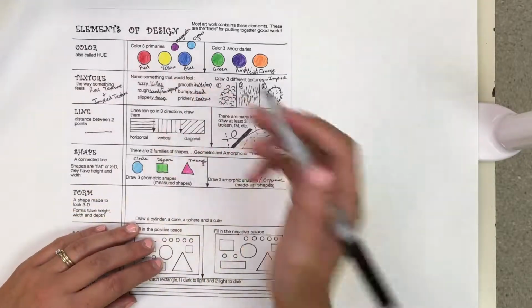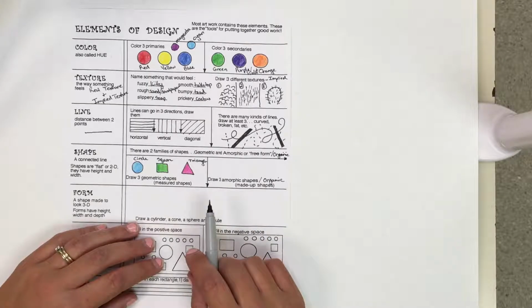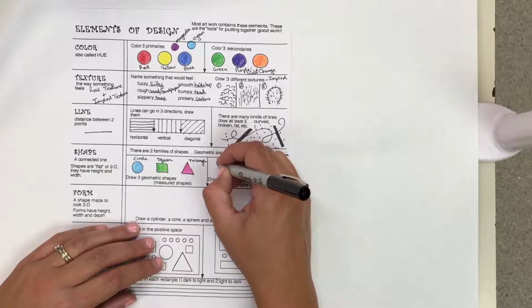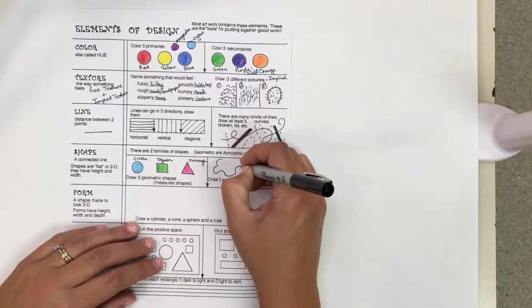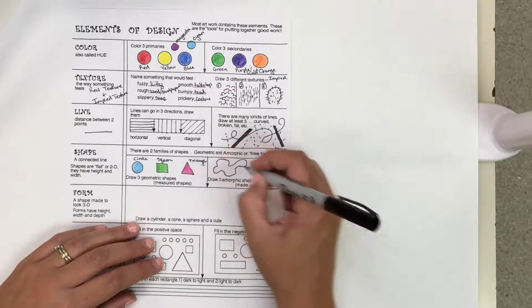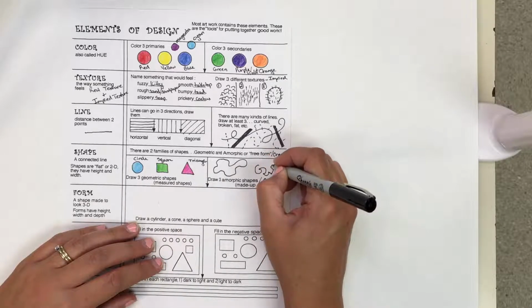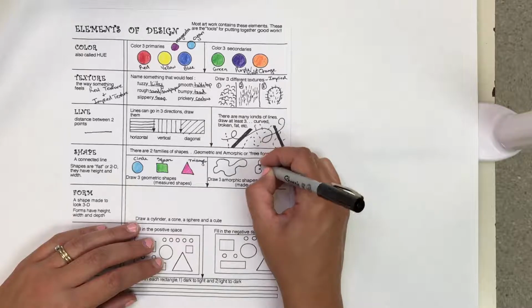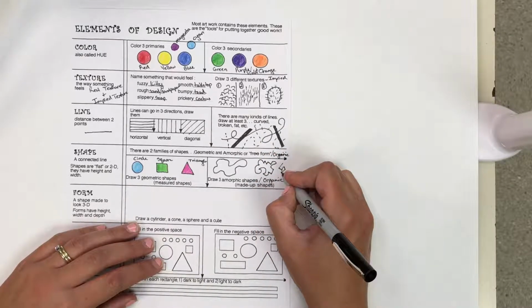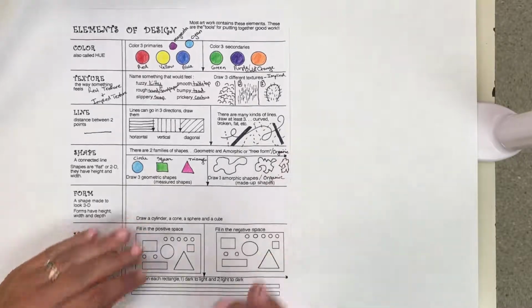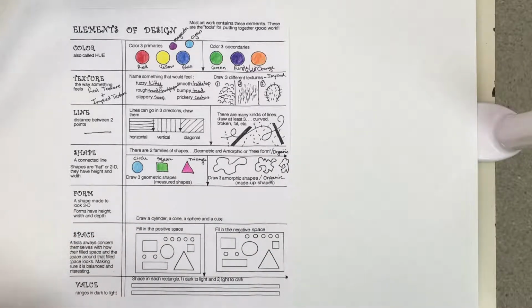Okay, let's go next door. I'd like you to now draw 3 amorphic or organic or free-form shapes. Right? A lot of what we do in art will involve shapes that have no mathematical formula to them whatsoever. They're just natural. They're just kind of made up. And same thing, let's have some fun.